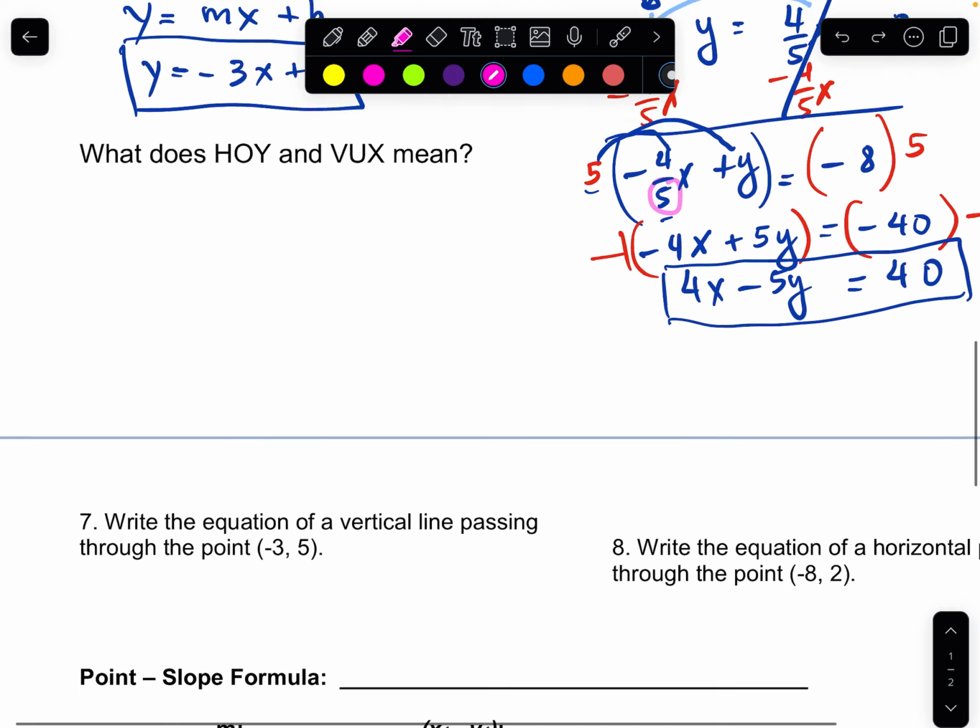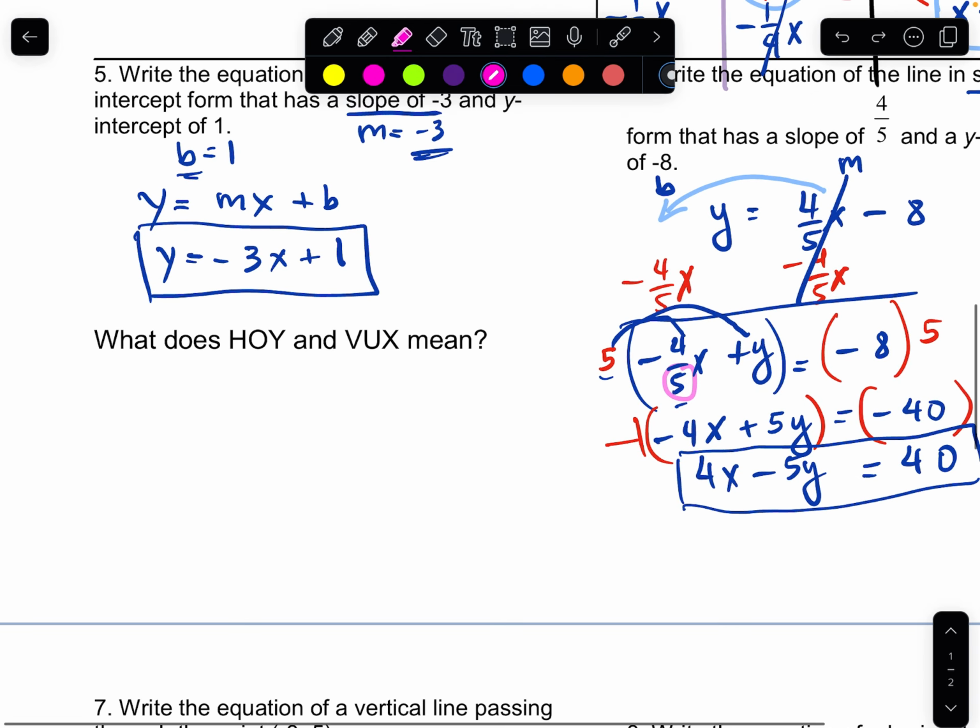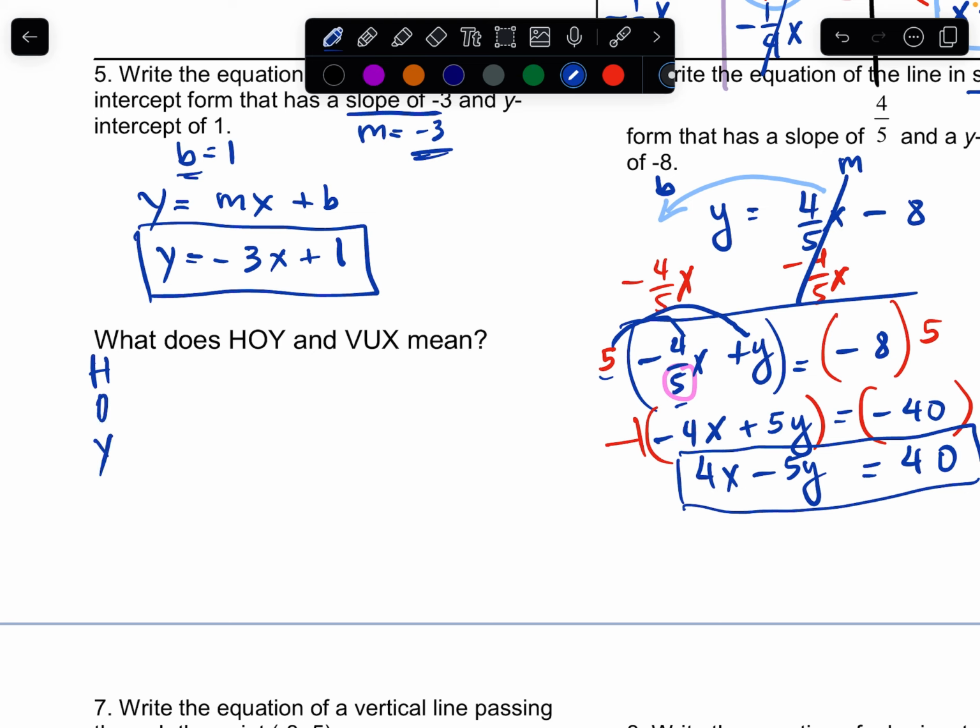Okay, HOY and VUX, what do they mean again? HOY means horizontal. There's a horizontal line, the slope is equal to 0, and your equation is going to be y equals some number.